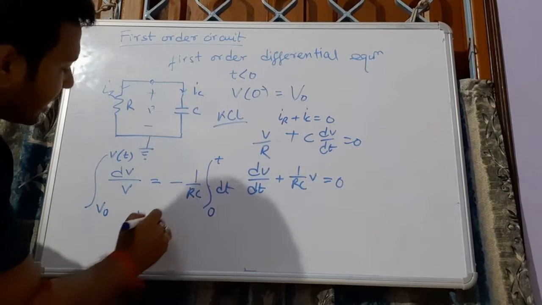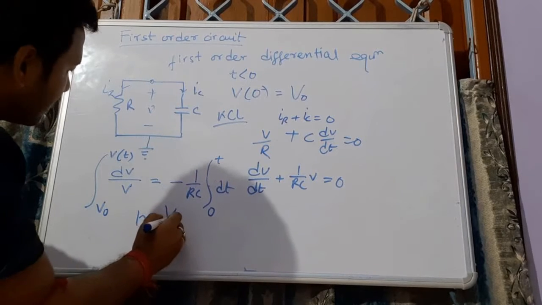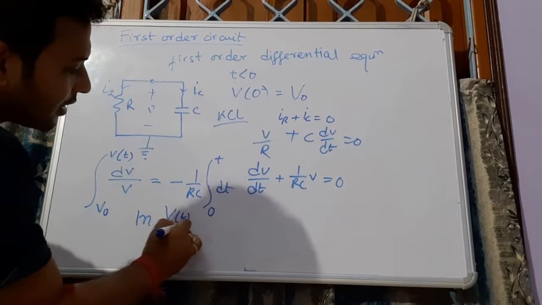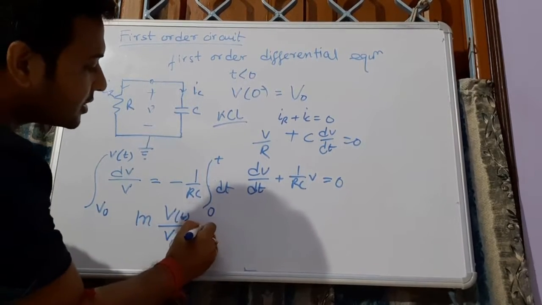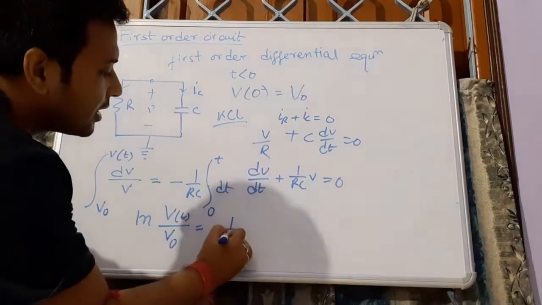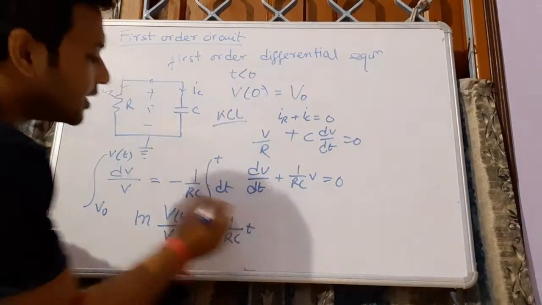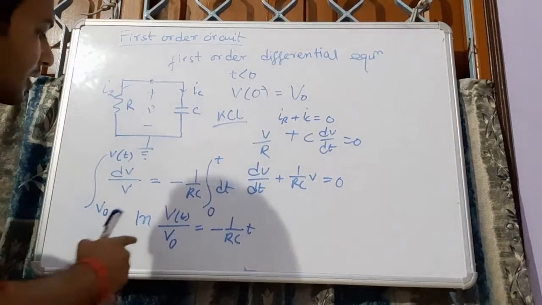Now this will be ln of V(t) divided by V0, equals minus 1/RC times t, right?